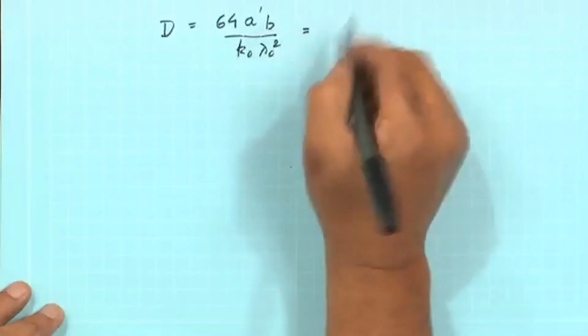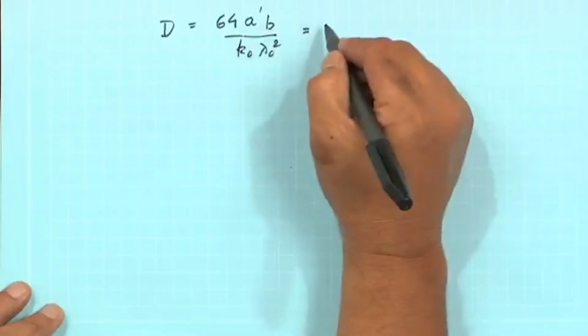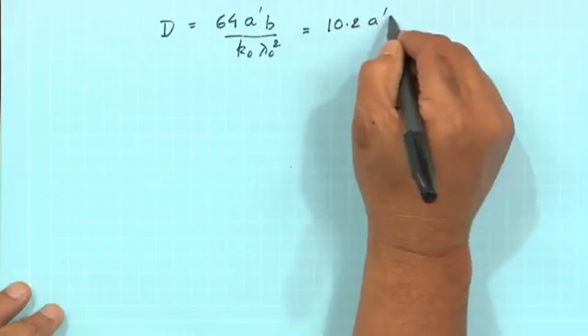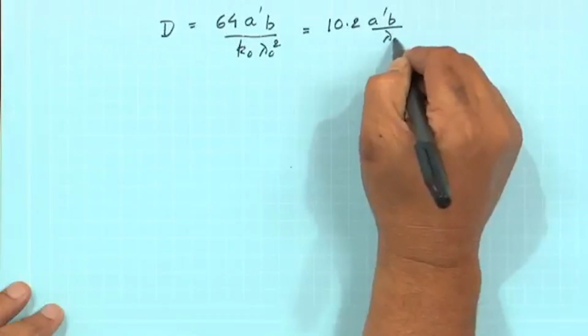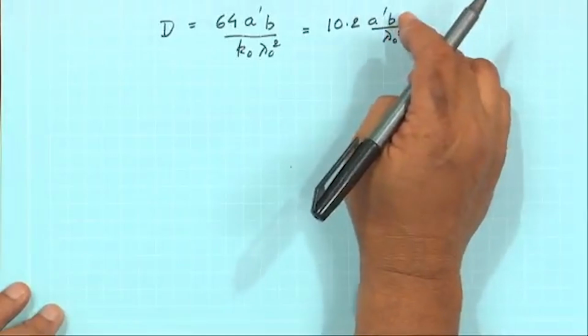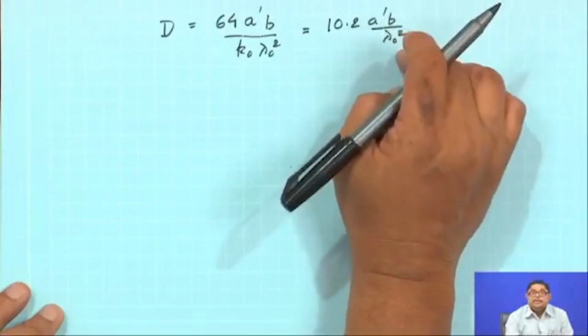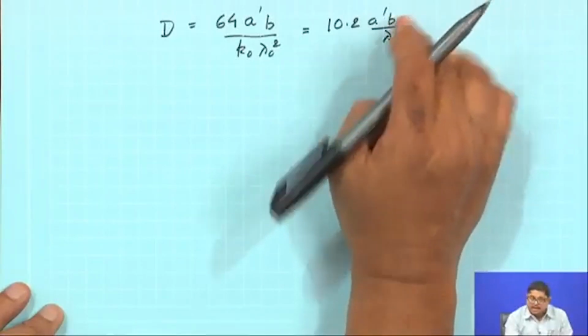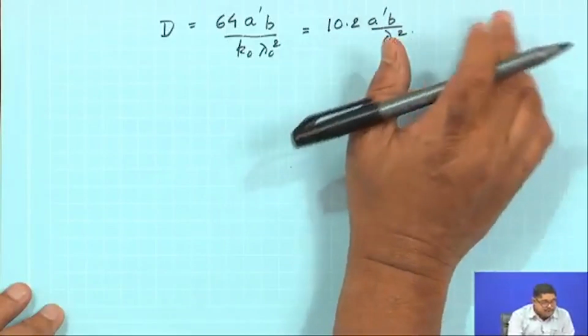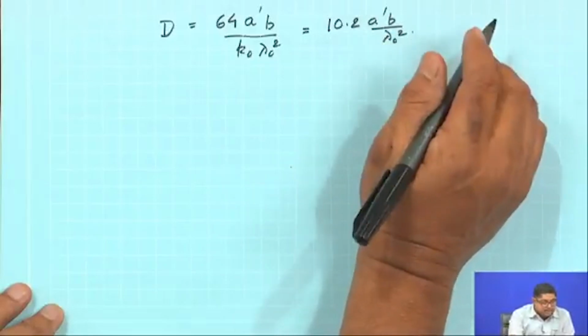Putting in the k naught value, you get 10.2 a dash b by lambda naught square. So this is your electrical, effective physical area. So actually the directivity is 10 times that, which you are getting by this horn.